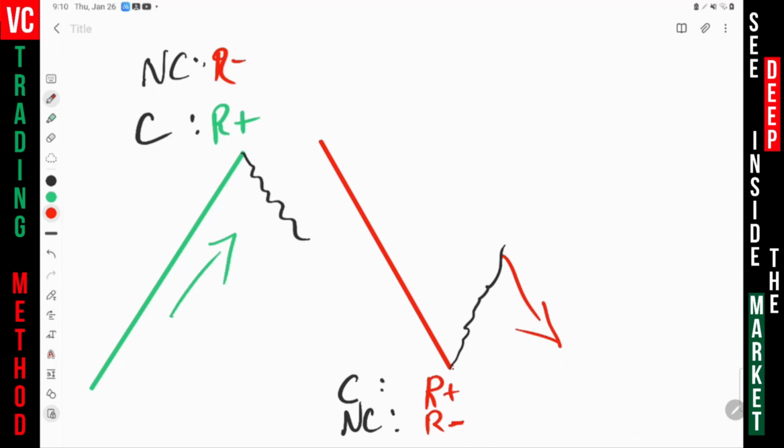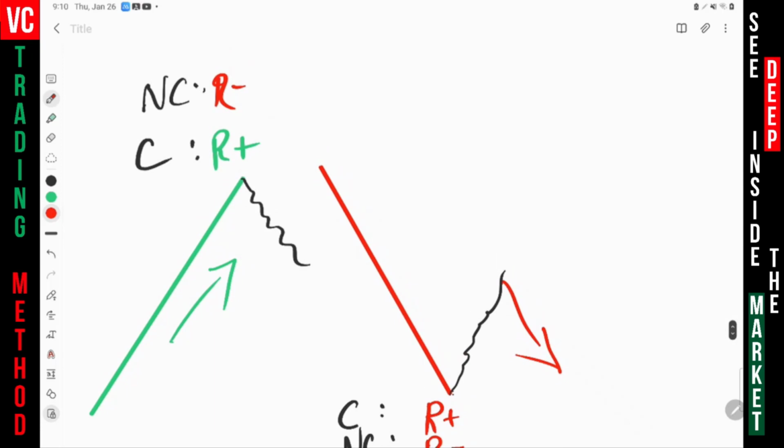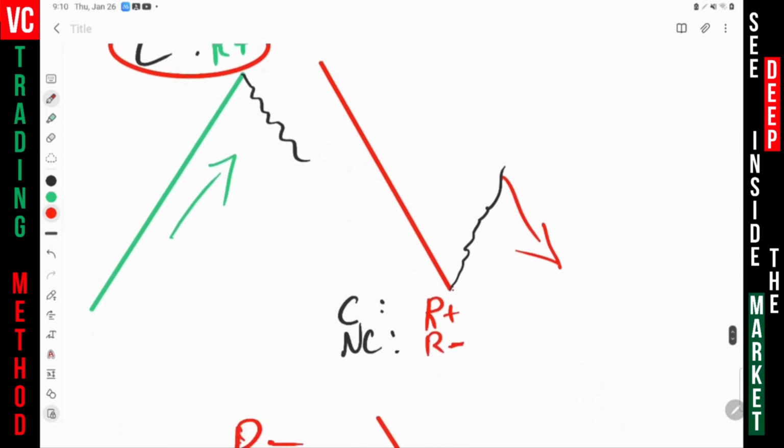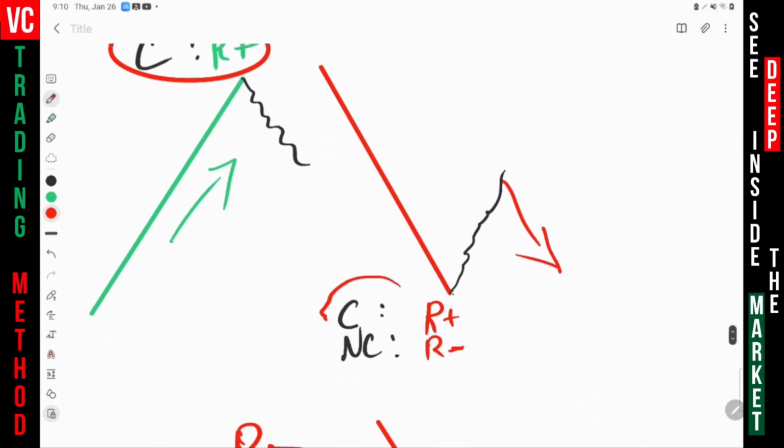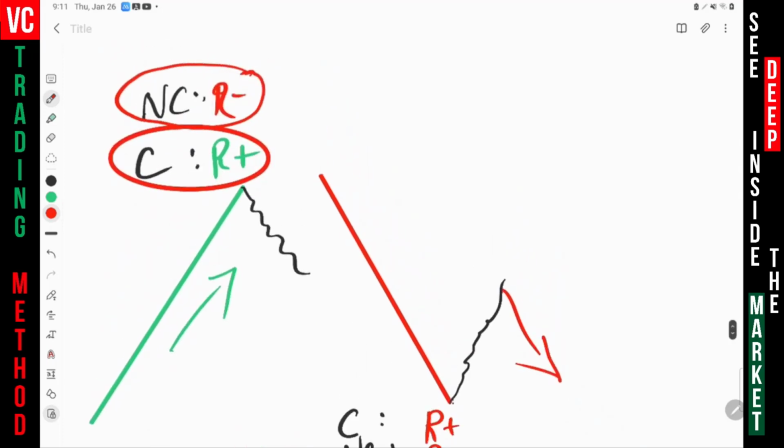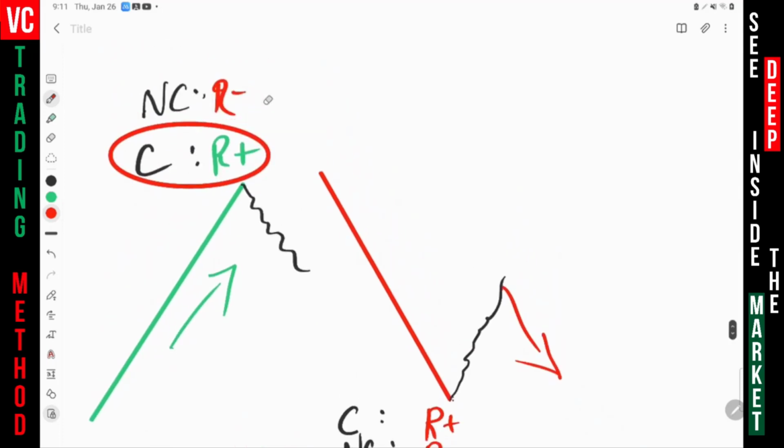What I said: the price can still move according to your analysis, but there are less chances because it's only based on single comparison results. But if both continue and non-continue results are indicating the same direction, let me give you an example on the next slide.